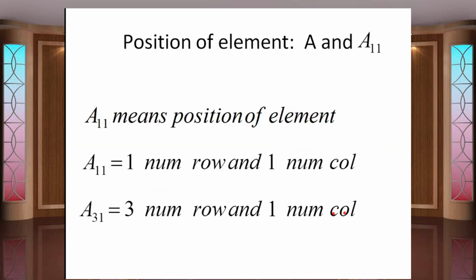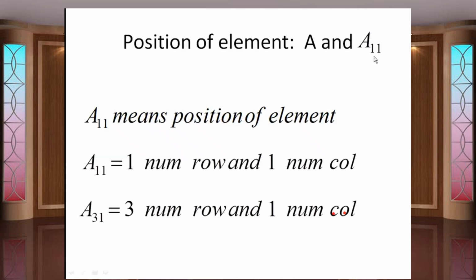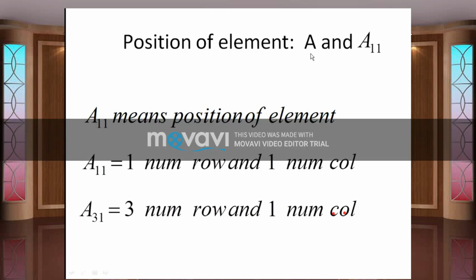So now go for the next line, position of elements. We have to know the position of elements. That means in every matrix there are some elements, and every element has a position. Here I wrote A and A11. So A means the name of the matrix and A11 means the position of the element. Whenever you see any alphabet A, it means this is the name of the matrix.